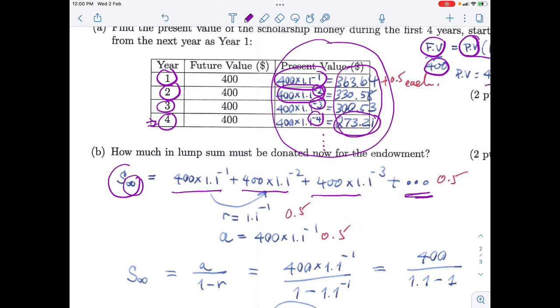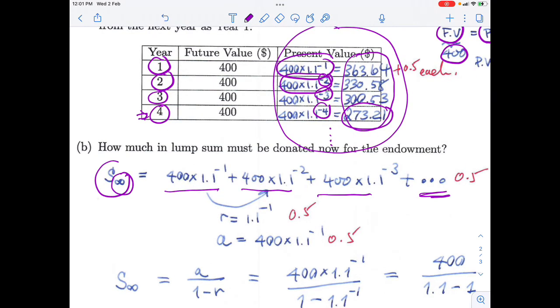So this is an infinite sum, and you see that the first term, that's the a, so a is 400 multiplied with 1.1 to the power negative 1. The r, this is a geometric sequence, the r is 1.1 raised to power negative 1, right? So you keep multiplying that term to go on to the next term.